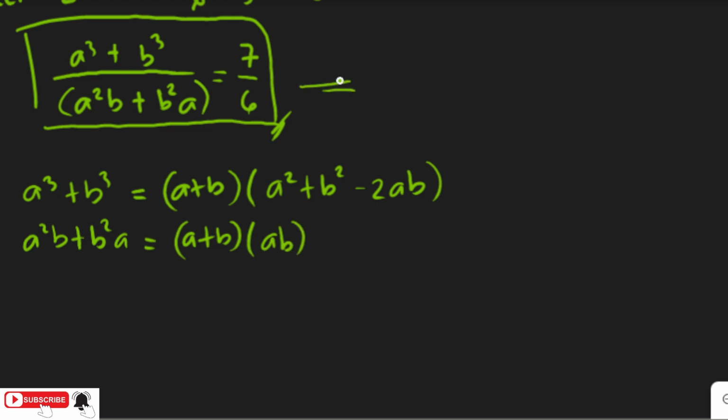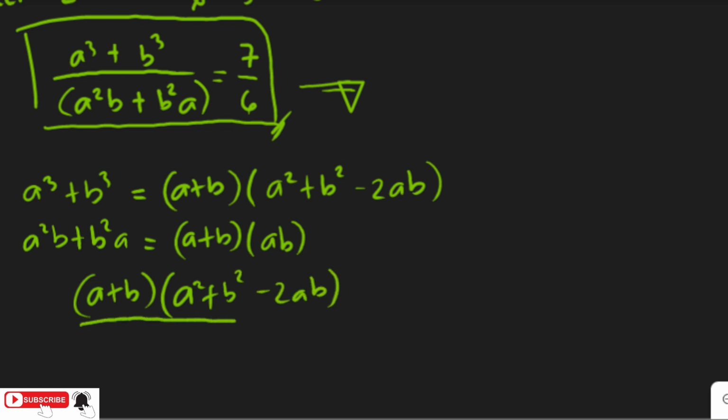So our equation now can be written as (a plus b)(a squared plus b squared minus ab) divided by (a plus b) times ab is equal to 7/6.